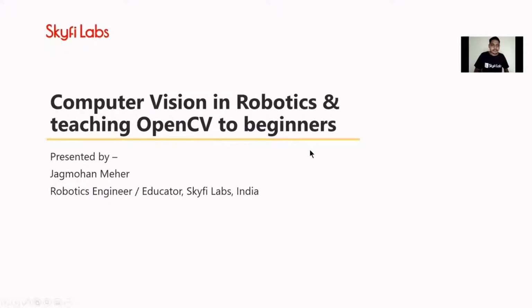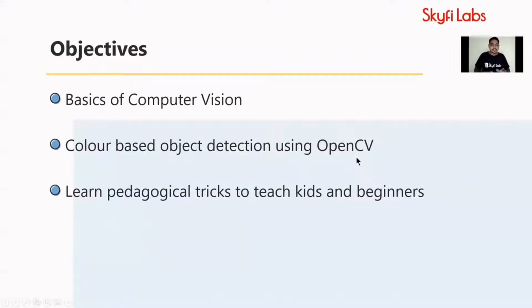So first of all, let me tell you the objectives. What is the agenda of this whole program? My session is divided into two parts, day 1 and day 2. In the first day, we will learn some basics of computer vision and some pedagogical tricks of how we can teach computer vision or a complex thing like programming in Python to beginners.